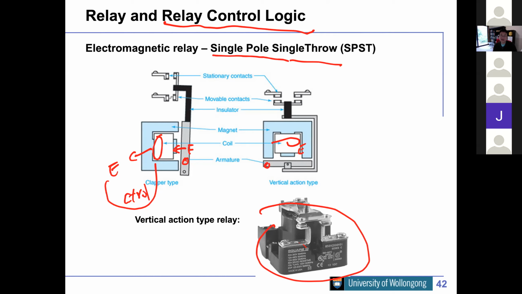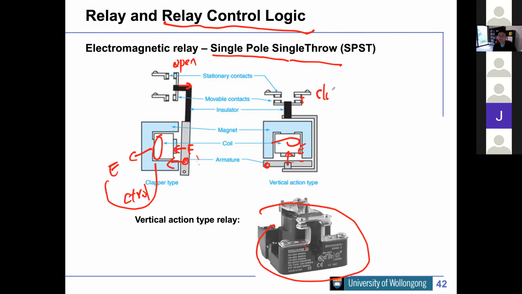In this setup on the left side, if the coil has the signal going through, this armature will move to the left, and this switch will move to the right, and then the switch becomes open. In this other case, if the coil has current going through, this metal armature will be pulled up by the magnetic force, and this switch will go there and close.